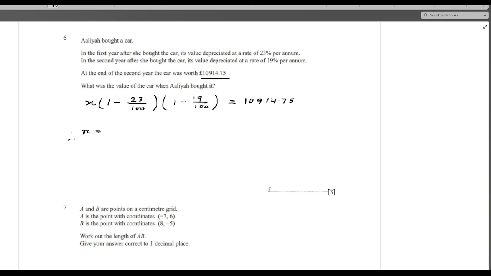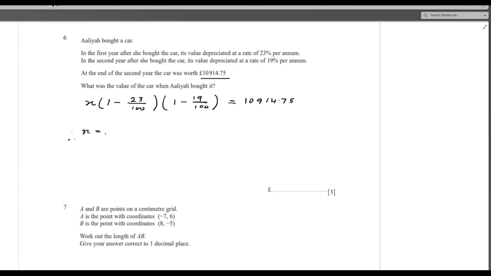So the result for x, let me do it once again. It is 10914.75 divided by, now in the denominator I have in brackets 1 minus 23 divided by 100 times 1 minus 19 divided by 100.